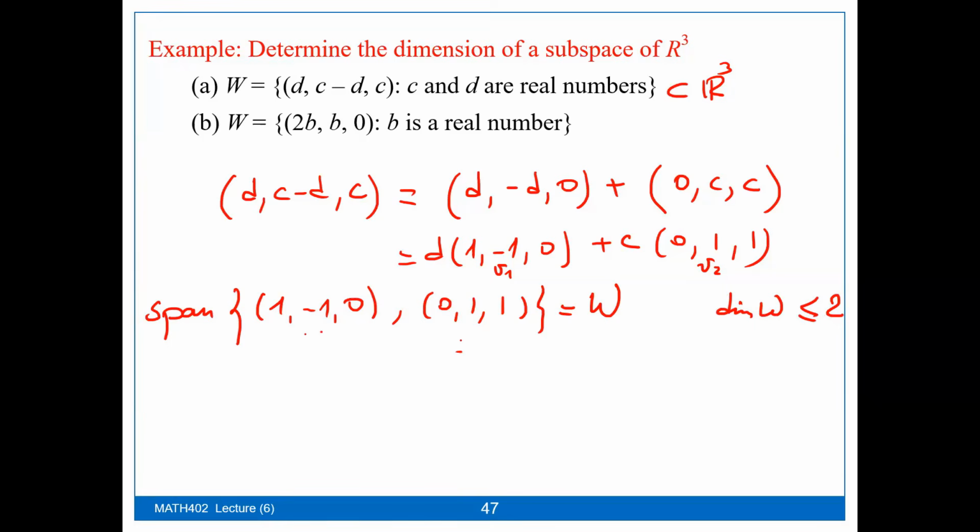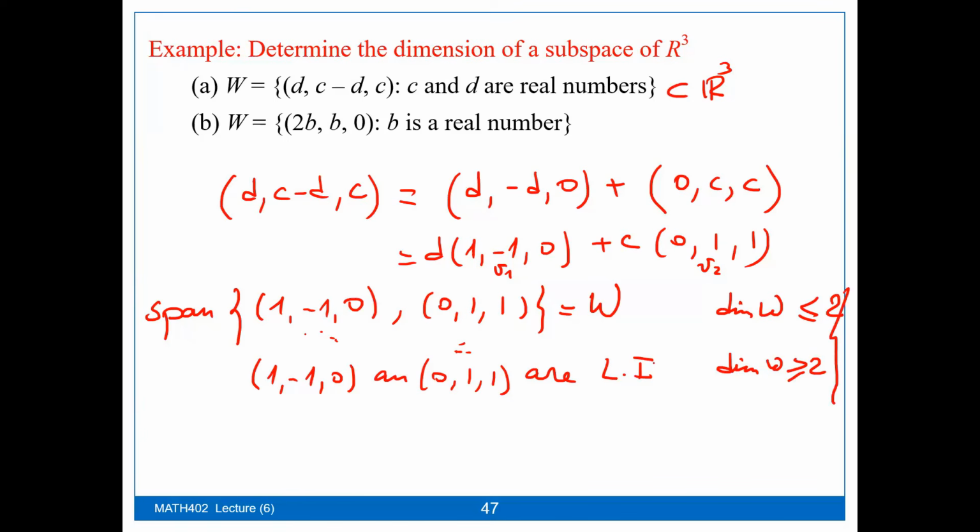It's clear that these two vectors are also linearly independent. So two vectors in W are linearly independent, so the dimension of W is greater than or equal to 2.